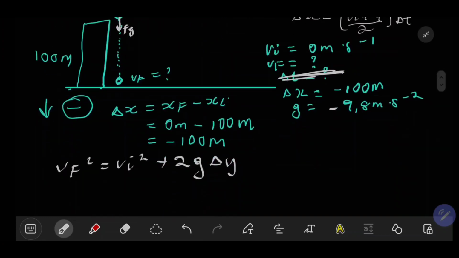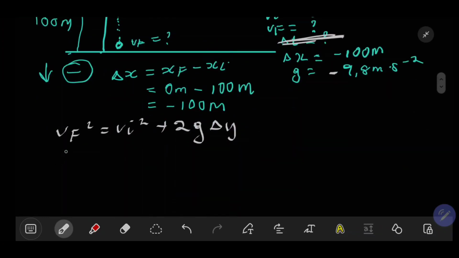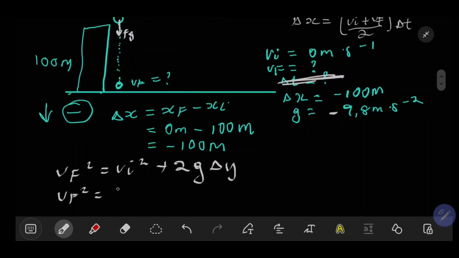All right, so our v final is the one that we're looking for. Then we're going to say Vf squared is equal to our initial velocity, which is 0, so 0 squared, plus 2 times our gravitational acceleration together with its sign, which is negative 9.8, and then our displacement is negative 100 meters.